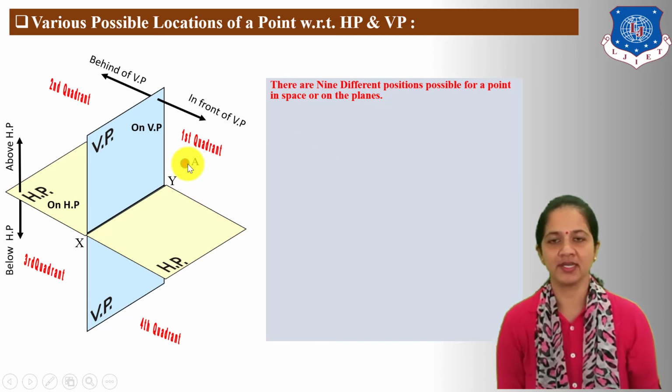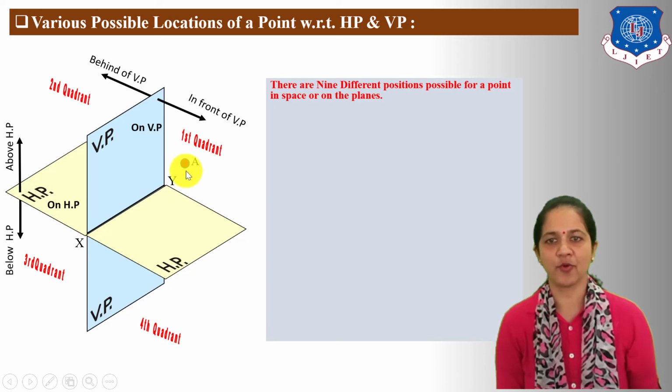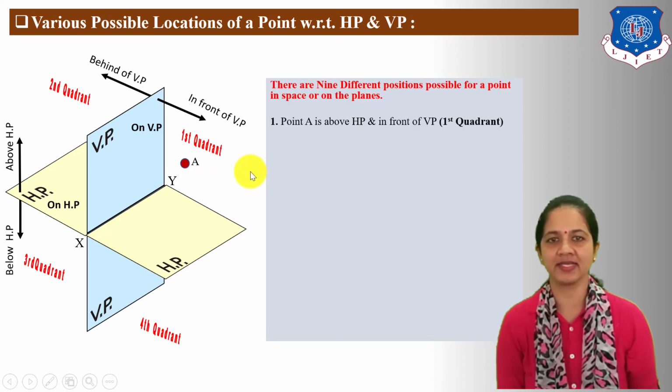First position is in the first quadrant. Here, point A is in the first quadrant. So, point A is defined as above HP, in front of VP. Next, point B is in the second quadrant.